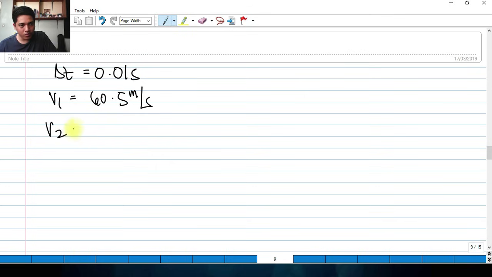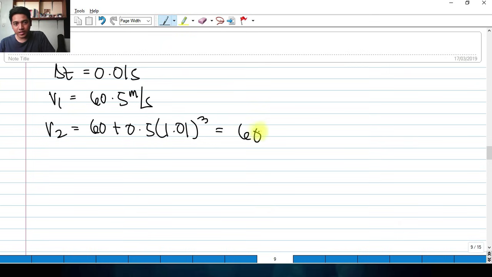V1 is, if I'm not mistaken, 60.5 from our previous example. So our v2 is now 60 plus 0.5 times time 1 second plus delta t, that is 1.01 cubed. So 60 plus 0.5 times 1.01 cubed. That is 60.5152. Let's stop at 4 decimals, meters per second.